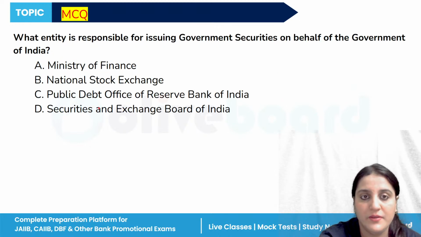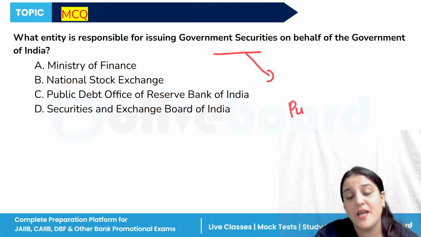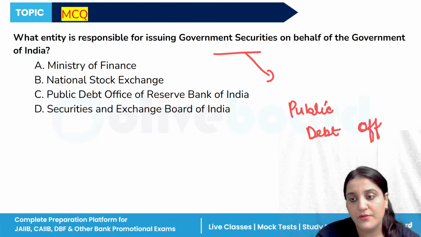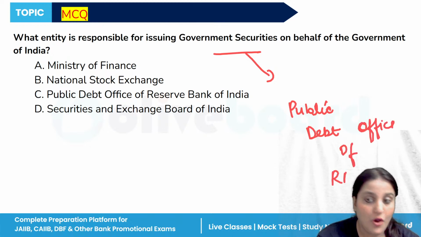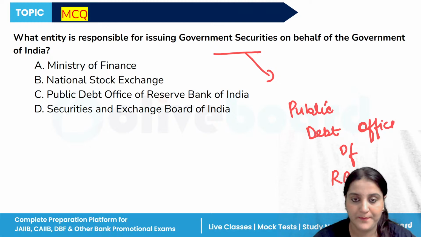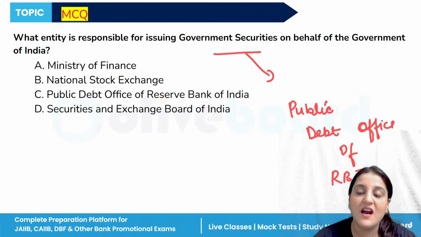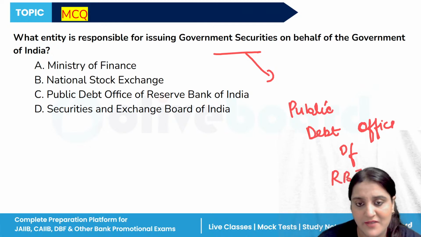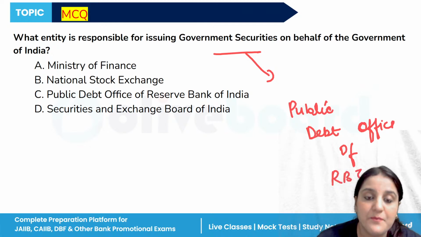Who is responsible for issuing the government securities on behalf of the government of India? Basically, these government securities are issued by the Public Debt Office of the RBI on behalf of the government of India.